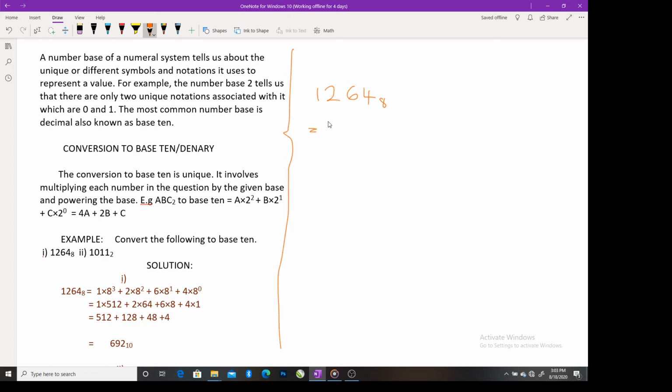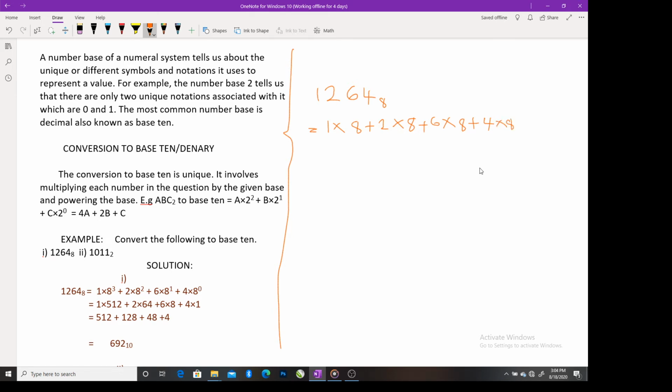Like I said before, the first number times the base, plus the second number times the base, then plus the next number, which is 6, times the base, plus the next number times the base.